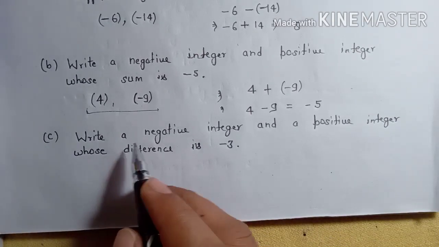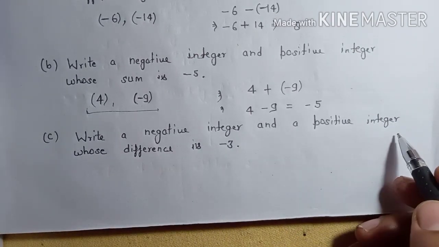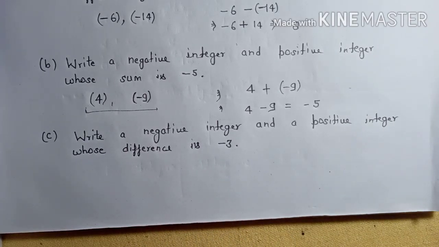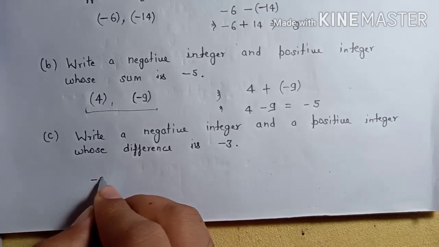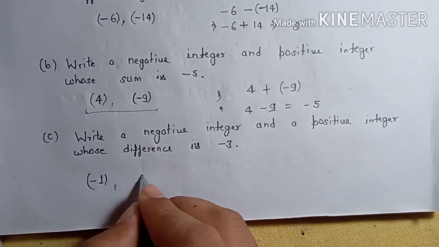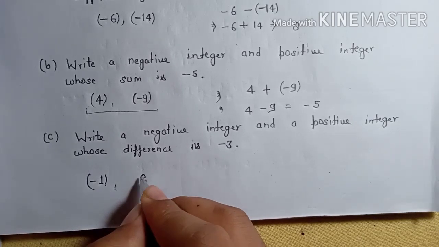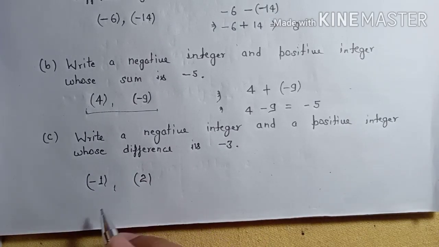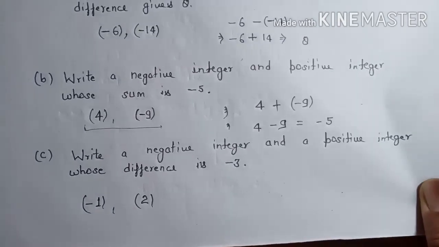In part C, write a negative integer and a positive integer whose difference is minus 3. If the negative integer is minus 1 and the positive integer is plus 2, subtract this positive integer 2 from minus 1 and check the result.